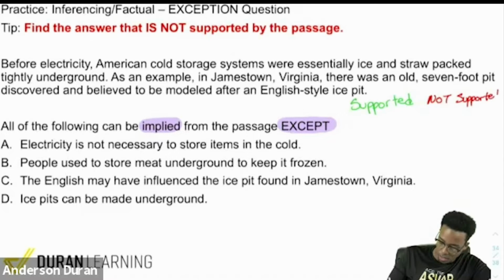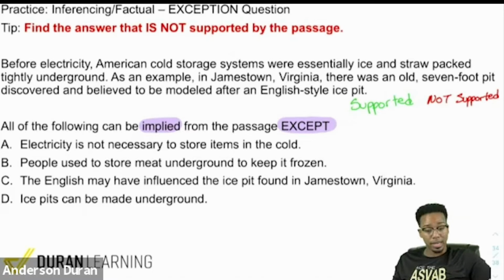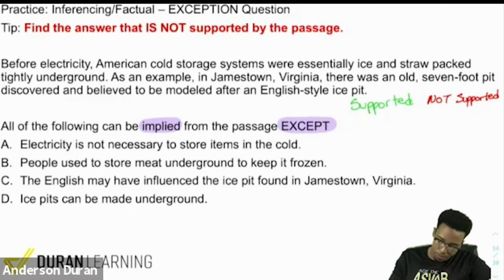Absolutely. So with that said, we're going to now read through the passage. We're going to use these answer choices to our advantage, but typically we're going to go back and forth. Passage, answers, answers, passage. We're going to find the one that is supported, find the one that's not supported, and basically just cross the list out. That's all we're doing. So here we go.